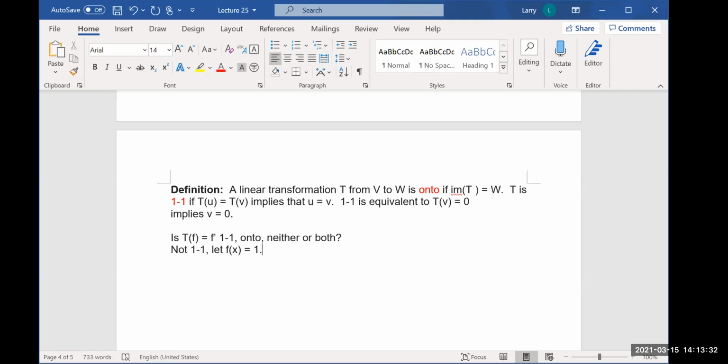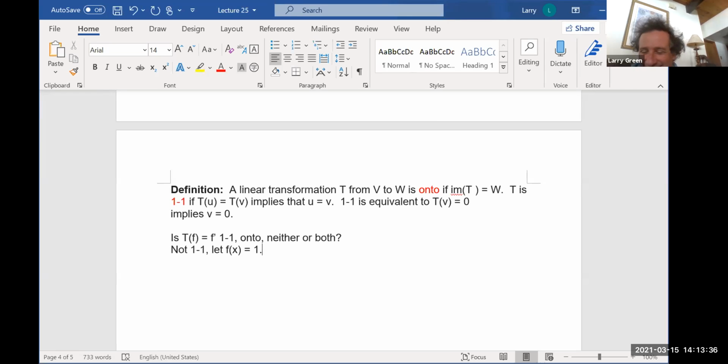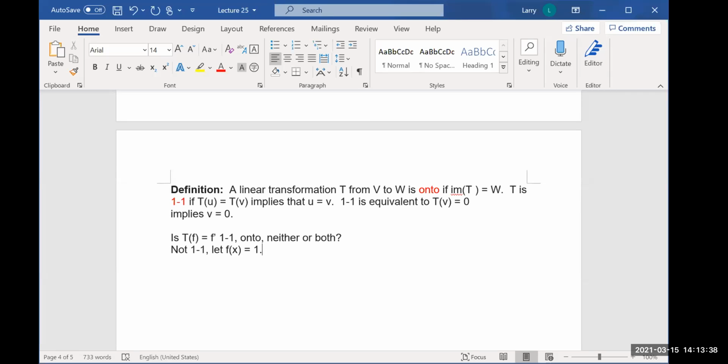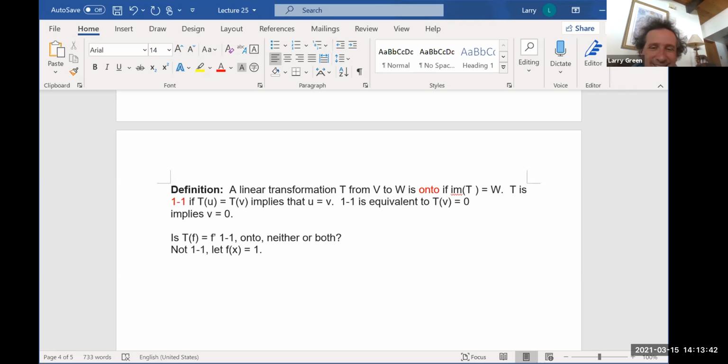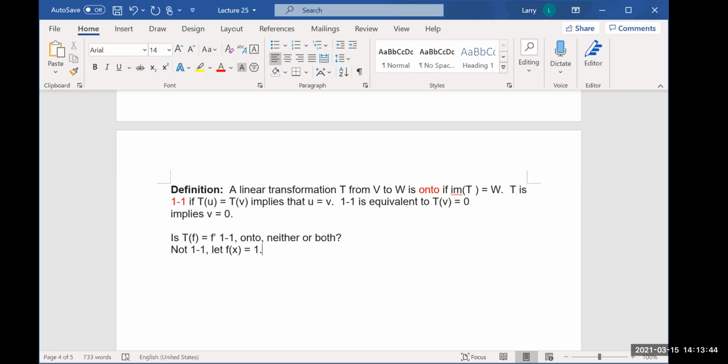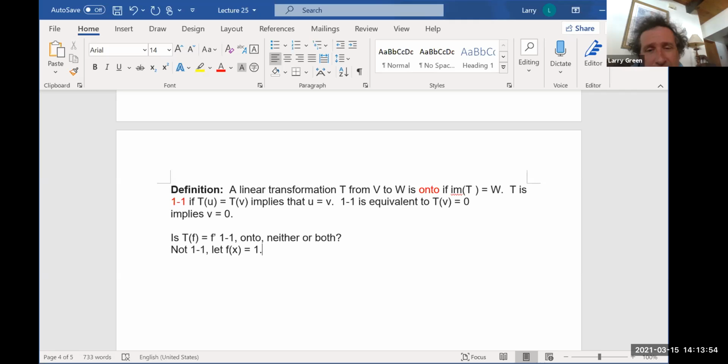It's either yes or no. I'm going to go with yes. Okay, why? Because if we're going from V to W, and we already know that the derivative is a linear transformation, then the image is going to be in W. We know the image is in W, but is it all of W?